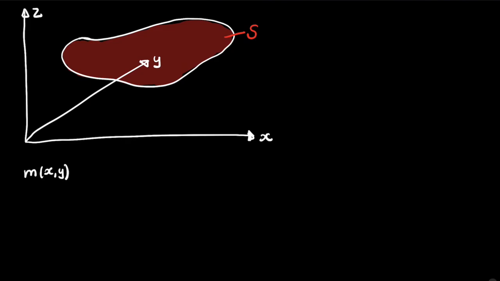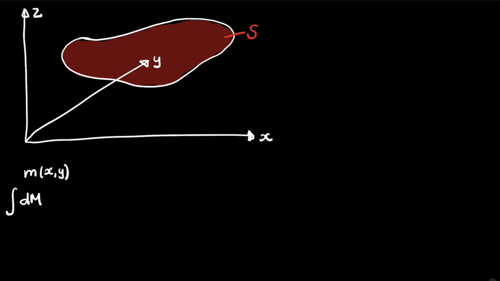Similar to how in 1D, to get the total mass of the wire, we multiplied the linear density by each infinitesimal point, we're going to do exactly the same thing in this case. So to get the total mass, we're going to do an integral of all the little masses.